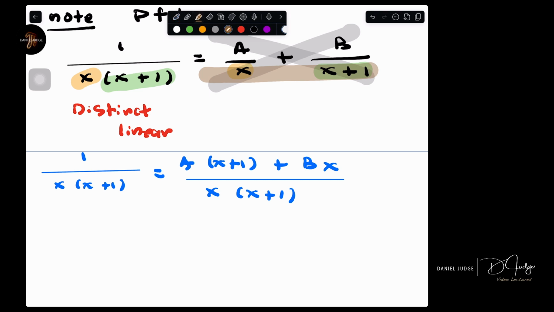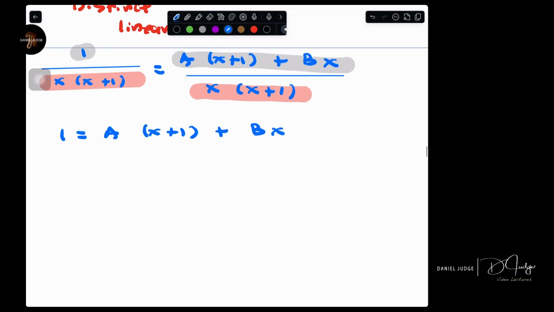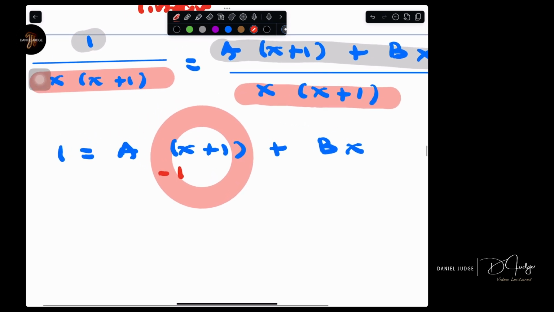Now, if you have two fractions that are equivalent here, the numerators are the same. So we get 1 equals a times x plus 1 plus bx, where again, we have a nice equation where we can zero out some of these terms by appropriate choices of x. I'm going to start with that first term and make it 0.